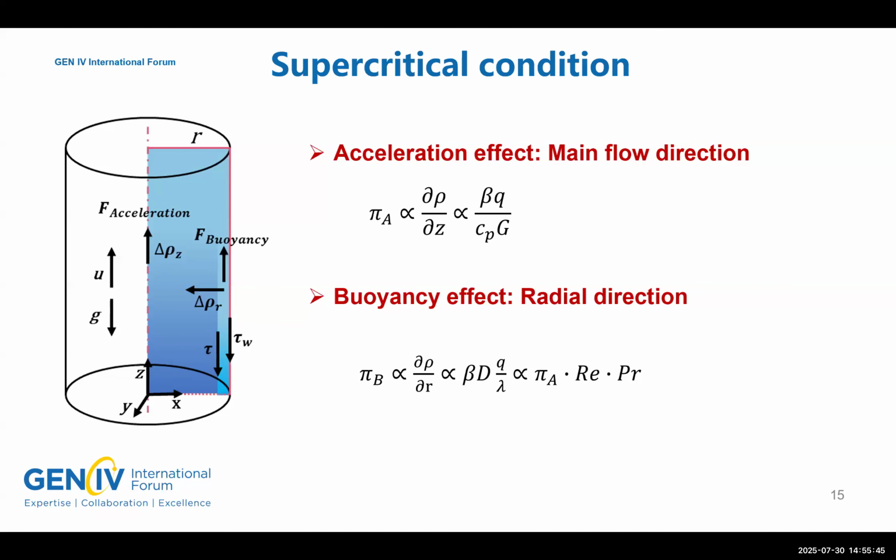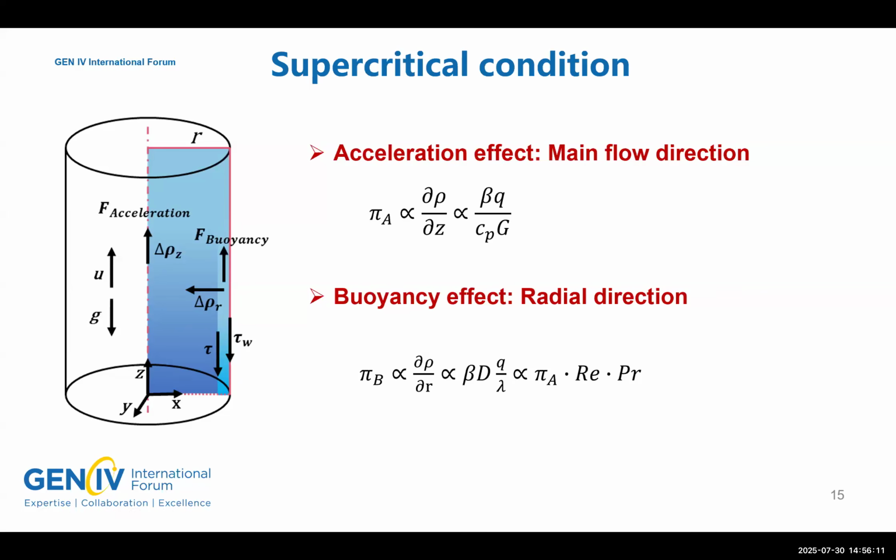Therefore, we introduced a new dimensionless parameter, Pi_a. We call it the acceleration number, and it's proportional to different parameters like the expansion coefficient, the heat flux, the Cp, and the mass flux.